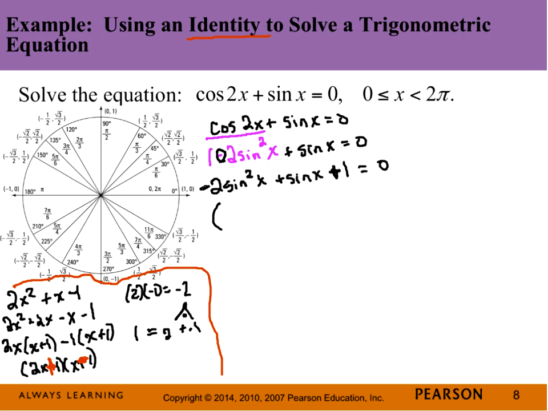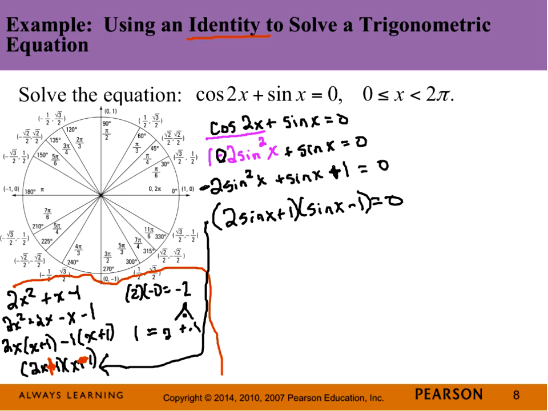So I have 2 sine x plus 1 times sine x minus 1. So all I did was wherever I saw x in my factored form over here, I just plugged in sine of x because that's where it came from.